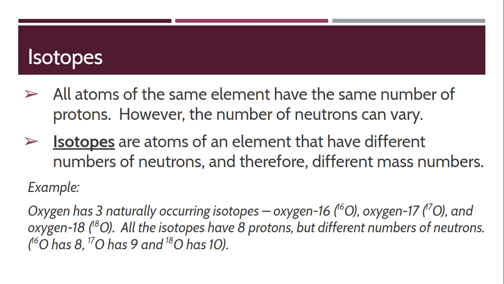So an example, oxygen has 3 naturally occurring isotopes: oxygen 16, oxygen 17, and oxygen 18. It's all oxygen, they've all got 8 protons, but their nuclei have different numbers of neutrons. Right? Oxygen 16 is going to have 8 neutrons. Oxygen 17 will have 9 neutrons, and oxygen 18 has 10 neutrons.